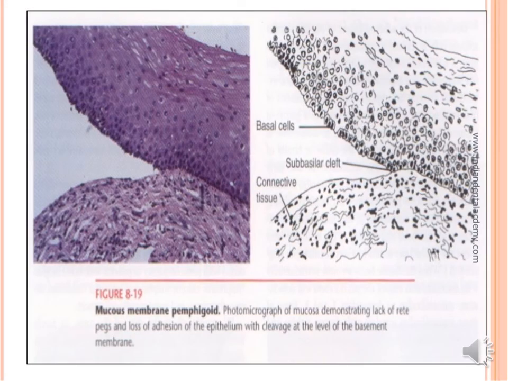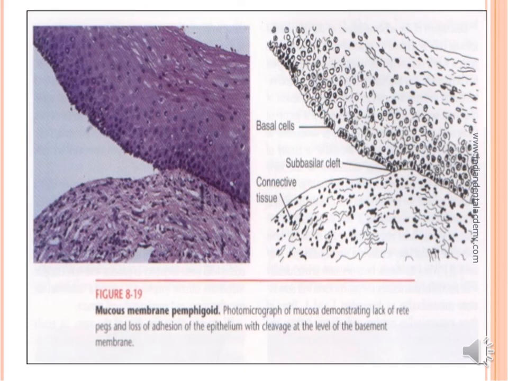In this figure of histopathology we can see mucous membrane pemphigoid. The photomicrograph demonstrates loss of adhesion of the epithelium, which changes at the level of the basement membrane.